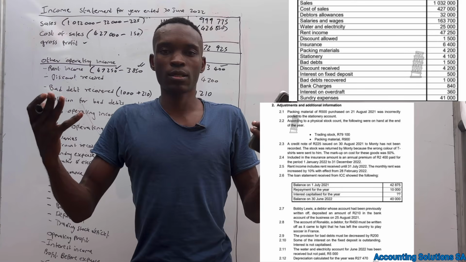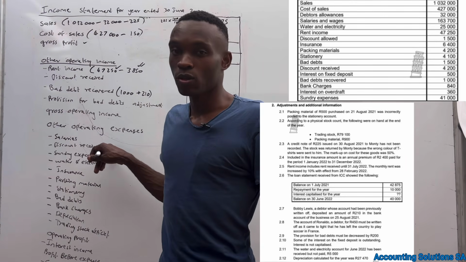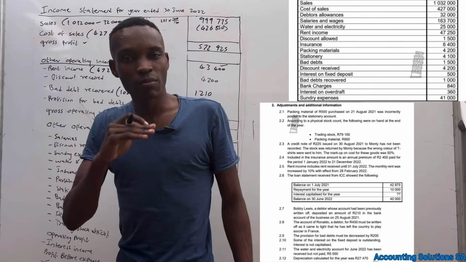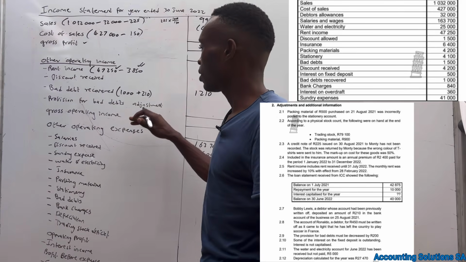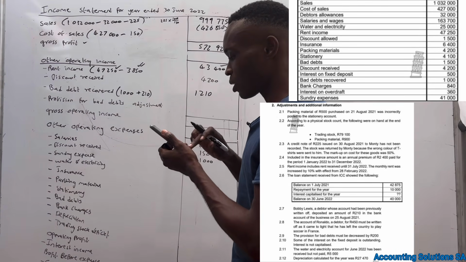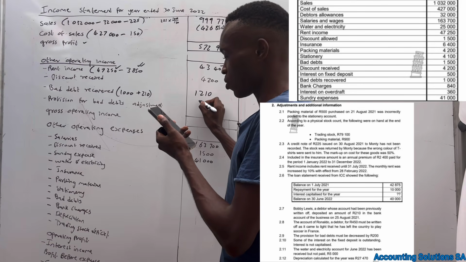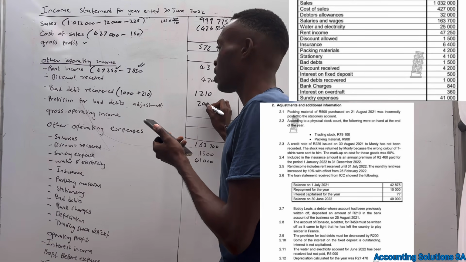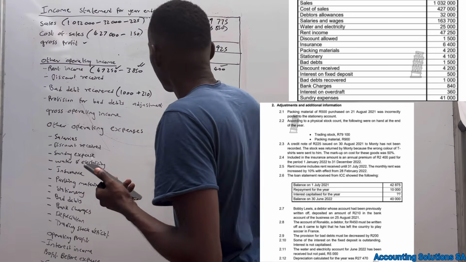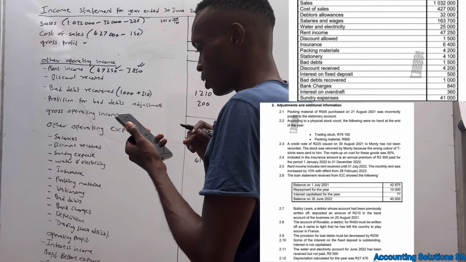But if it increases, it's going to be an expense because more people, we are doubting that they are going to pay us. That's why it's going to be regarded as an income, because it has decreased. Those numbers have decreased, which means that many are going to pay us. Okay, then now we can calculate the total.